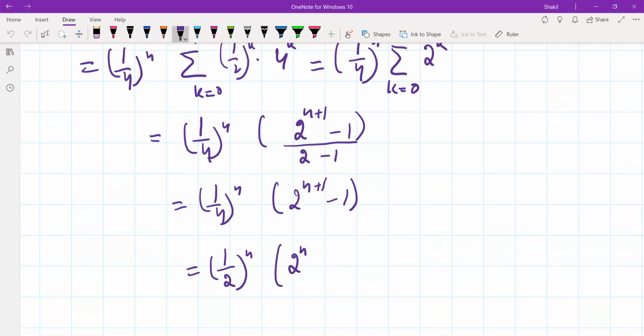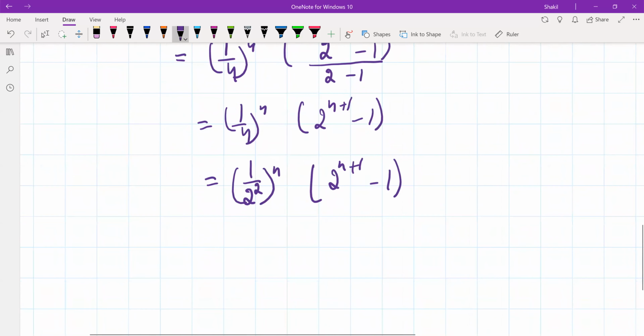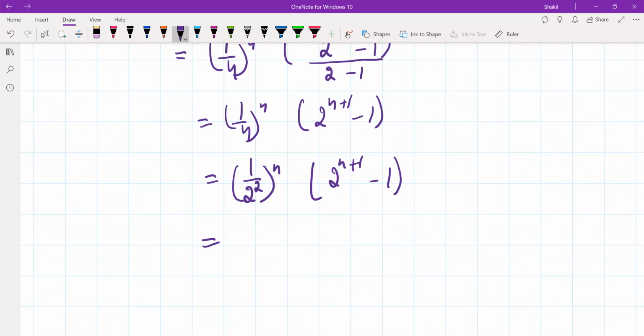If we simplify the sum here, it will be simply (1/2^2)^n, that is (1/4)^n, times (2^(n+1) minus 1). So you can express it as (1/2)^n times (2^(n+1) minus 1).